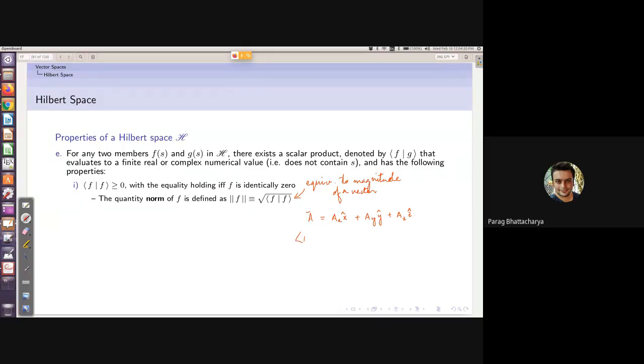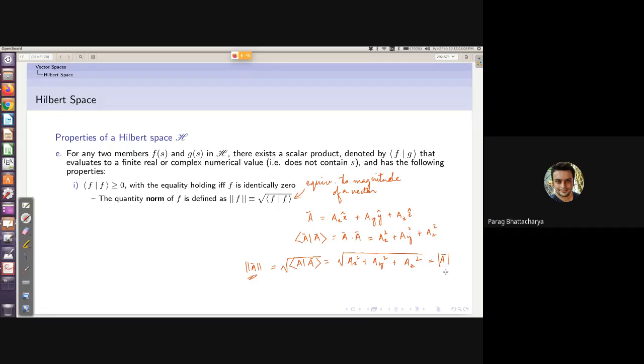Then the scalar product of A with itself is simply A dot A, which you already know is ax square plus ay square plus az square. Under the root of this is your norm, which is the same as the magnitude of a vector.